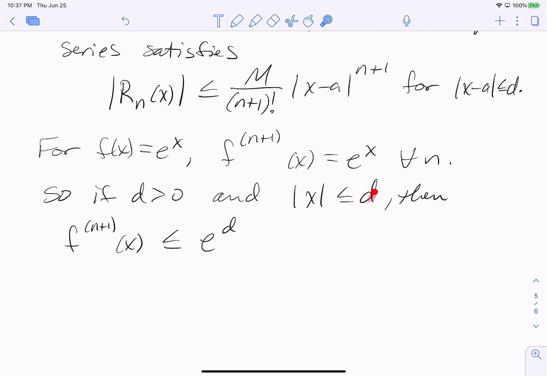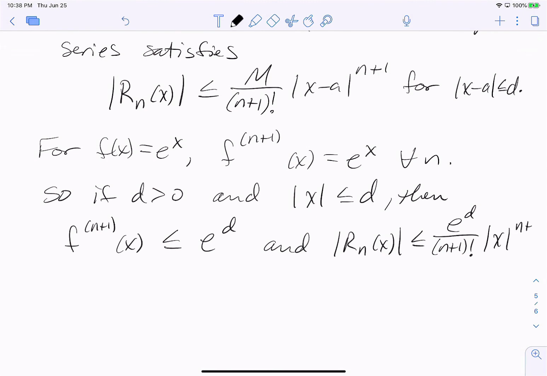Just replacing x by d. And by Taylor's inequality, r sub n, the remainder after the n terms that have been added, is less than or equal to e to the d divided by n plus 1 factorial times the absolute value of x to the n plus 1. I put a period there, but now it looks like a weird exclamation mark, so I'm erasing the period.